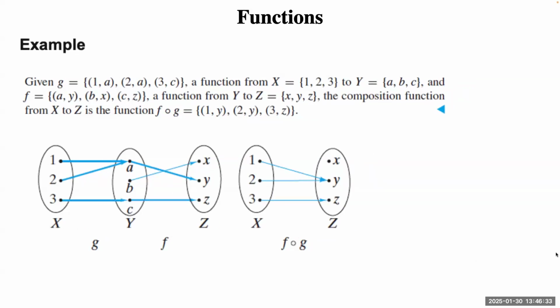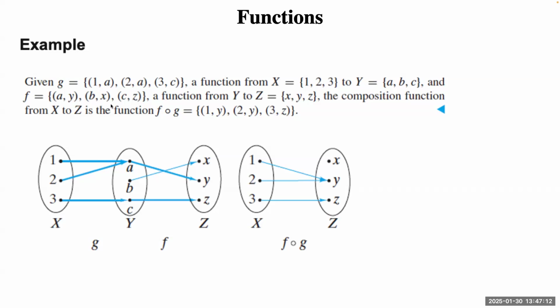Pictorially, it works like this. Suppose you have X, and g takes elements from X to elements of Y, and f takes elements of Y to elements of Z. So in other words, say I plug in 1, it goes to a under g, and under f, a goes to y.